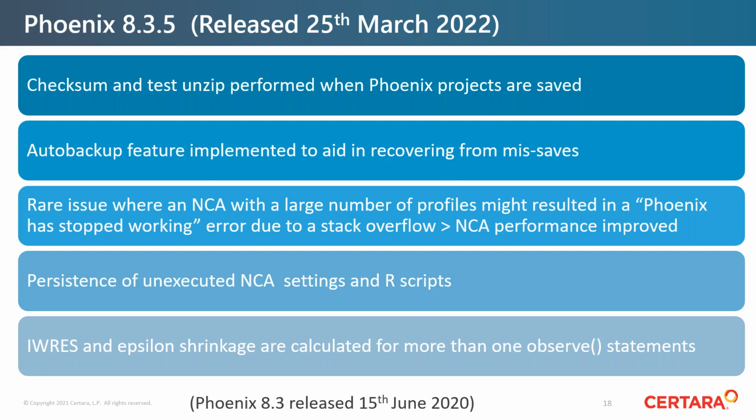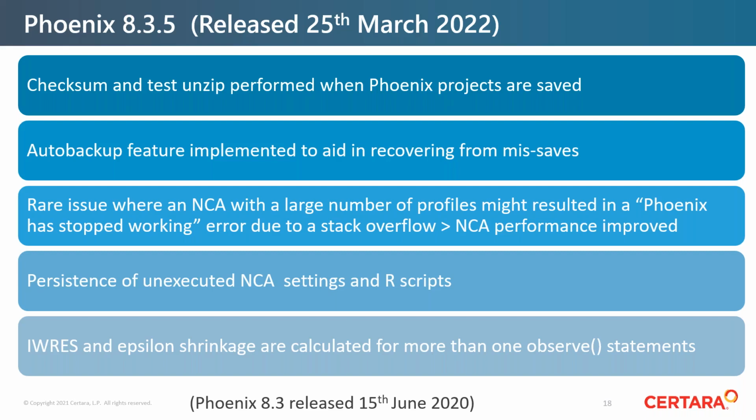The reason this is interesting is more and more people are using tools like OneDrive, and we sometimes find that as people are moving data back and forth across these synchronization tools, it can get confused, and so this checks that it is a valid save, and this would avoid any issues people might have seen with a corrupt project occasionally.